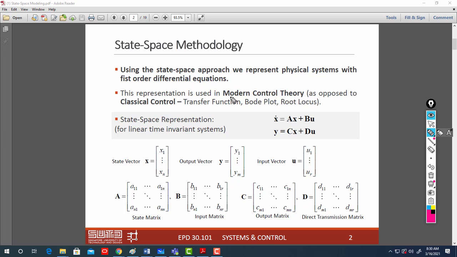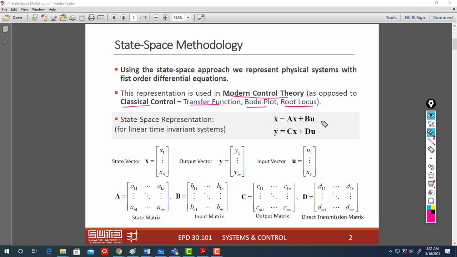This representation is used in modern control theory as opposed to classical control, where we use transfer function, Bode plot, root locus. All of those, transfer function, Bode plot, and root locus, are based on classical control theory. In modern control theory, we prefer to use state space representation.